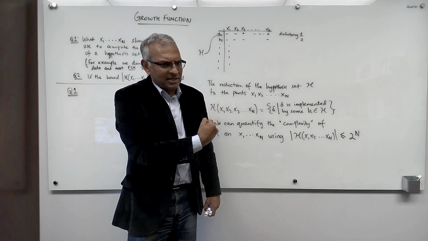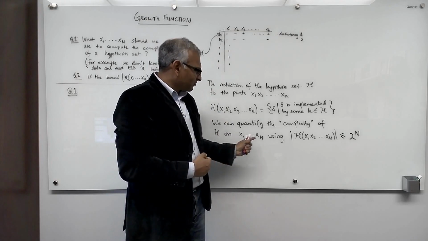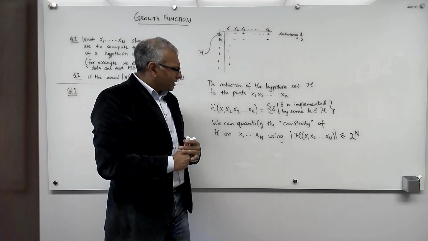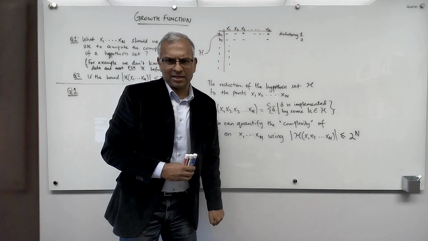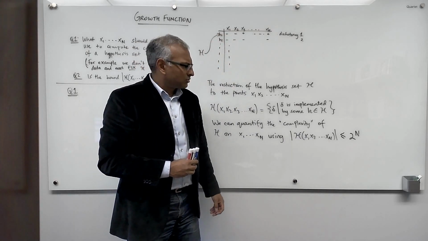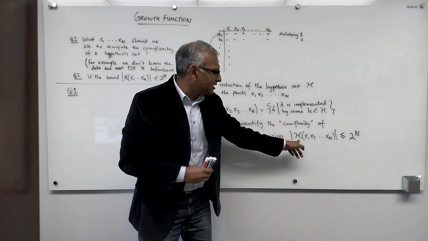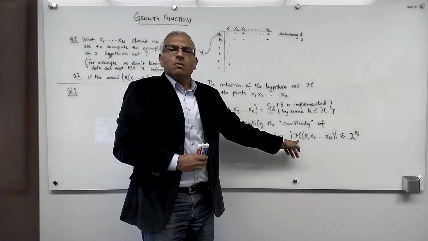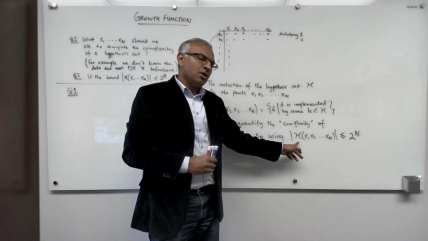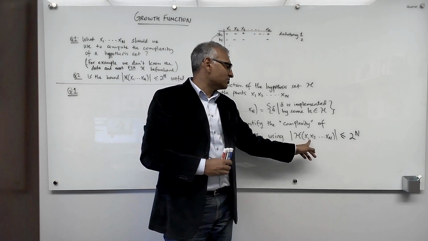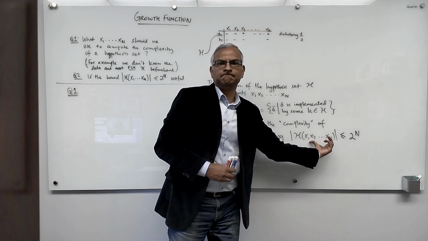We don't know what data set is coming, and we would like to be equipped with a measure of complexity for my hypothesis set. So let's define the complexity not with respect to a specific x1 to xn, but with respect to the worst possible x1 to xn. So we will define the complexity of H as the worst possible size of the set of dichotomies when H is restricted to x1 to xn, where you can choose these x1 to xn adversarially.